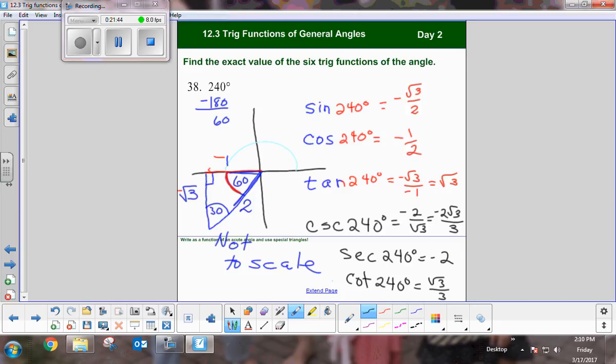So what are a few takeaways from here? Recapping again: draw your terminal side. Find your reference angle. Fill in the values for the special triangle.